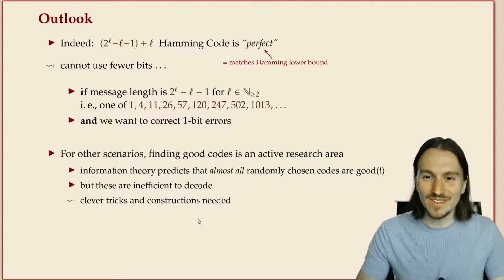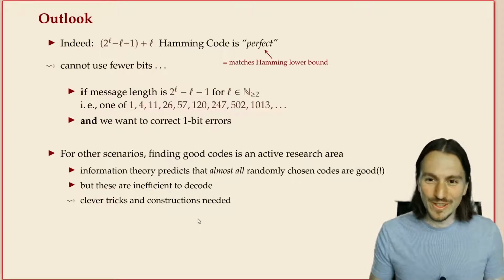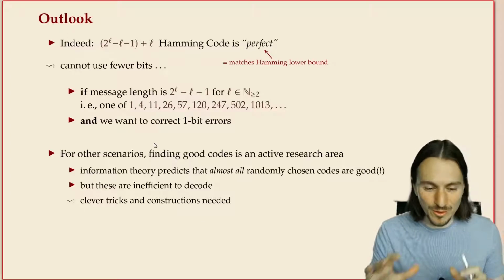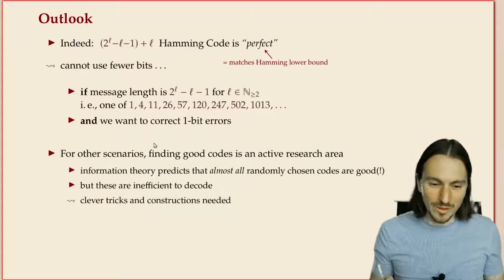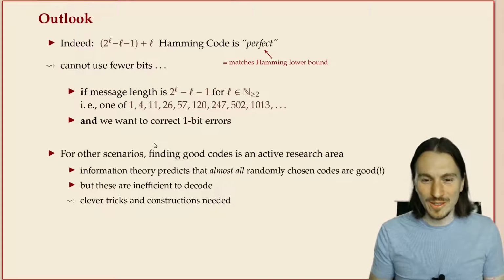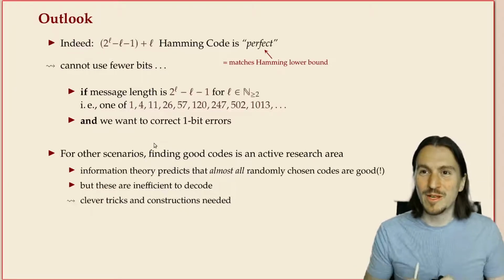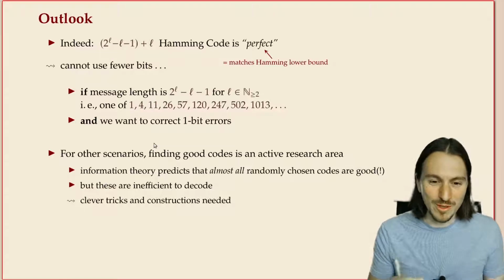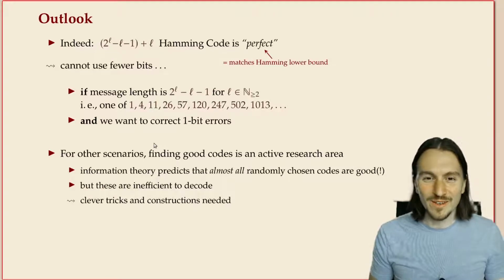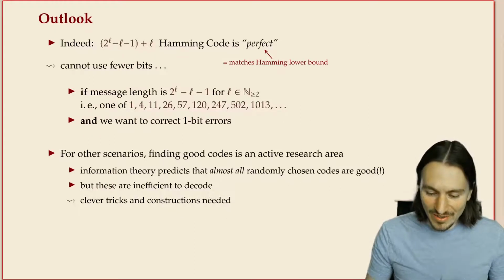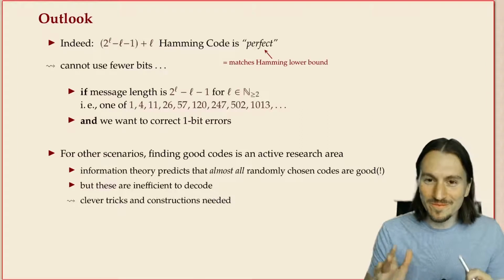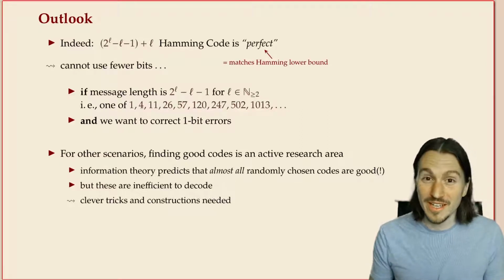They're clean, they're efficient, but unfortunately they only work for a small subset of the bigger task where you want to have a code that works with a given message length and a given guarantee of how many bits you want to correct. And that is still an unsolved open problem. Okay, that's the end of Unit 8.